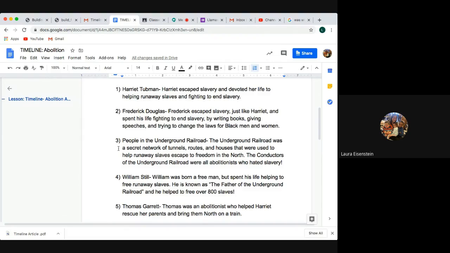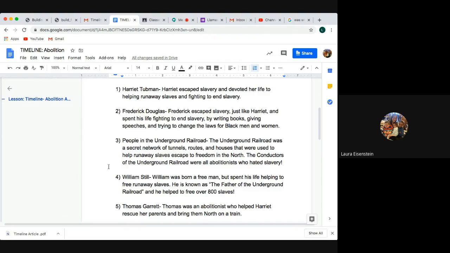We learned about the Underground Railroad and all the people who were a part of the Underground Railroad. Now remember that the Underground Railroad, it wasn't a real train station or trains. It was actually a secret network of tunnels, routes, and houses that were used to help runaway slaves escape to freedom in the North.